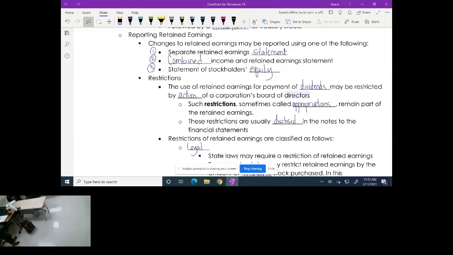You can flip back and it'll refer to note number 3. So you flip to note number 3, and it gives you the breakdown of who the loans are with, what the payments are, interest rates, when they'll be paid out, etc. That's just one note you might see. There's lots, but that's what it's talking about. If your retained earnings is restricted, there'll be a note in the notes to the financials indicating so.